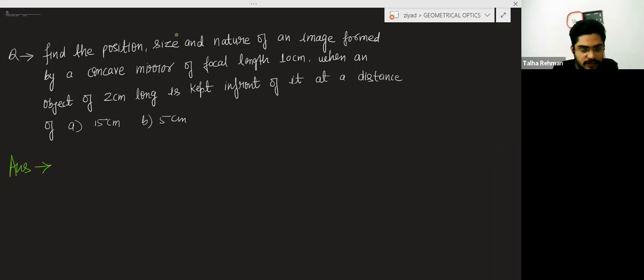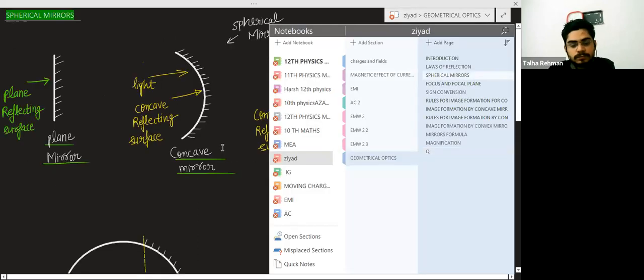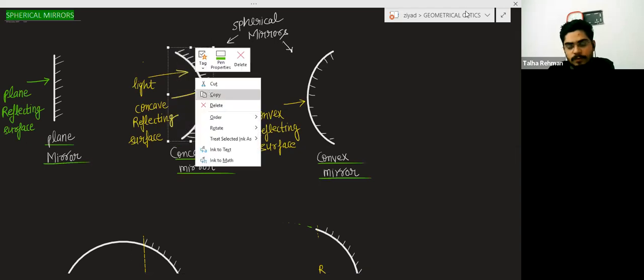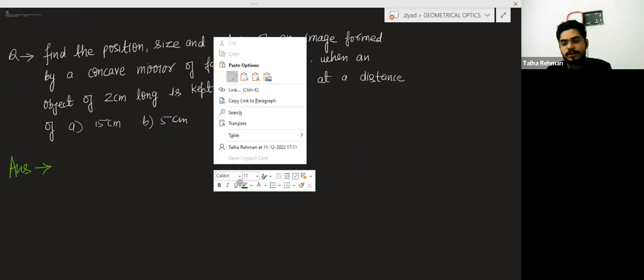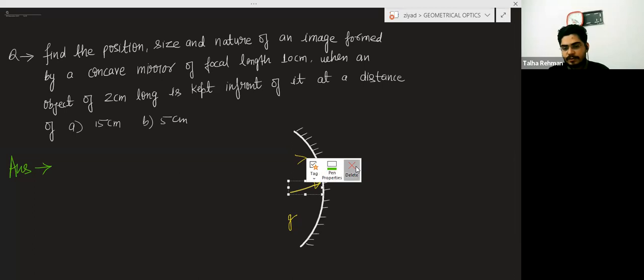It is given that a concave mirror is there. I will draw the diagram to show you how the image and object are located and where the image is forming and all those things.